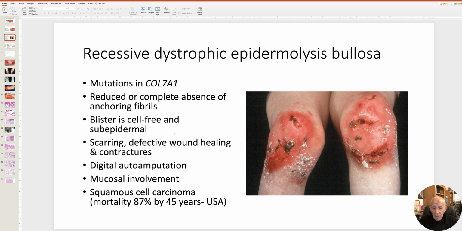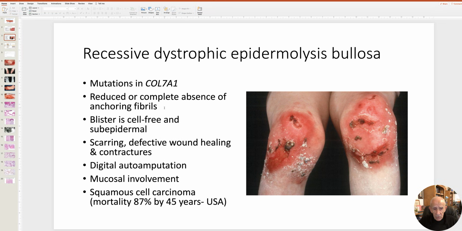Recessive dystrophic EB develops as a consequence of mutations in COL7A1, which is the gene that is responsible for type 7 collagen. There's a varying degree of effect of the mutation, so that in some patients you might just see reduced anchoring fibrils, but in the majority one notices a complete absence of anchoring fibrils.